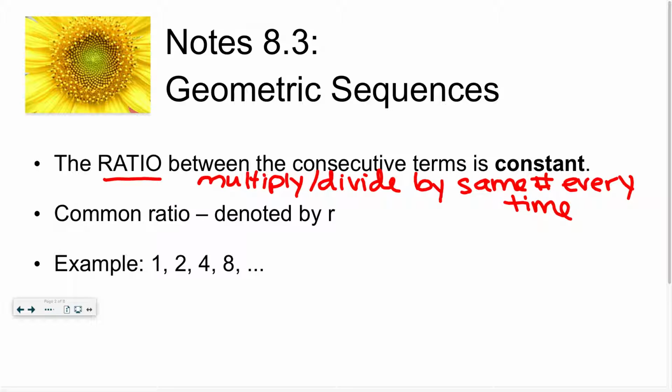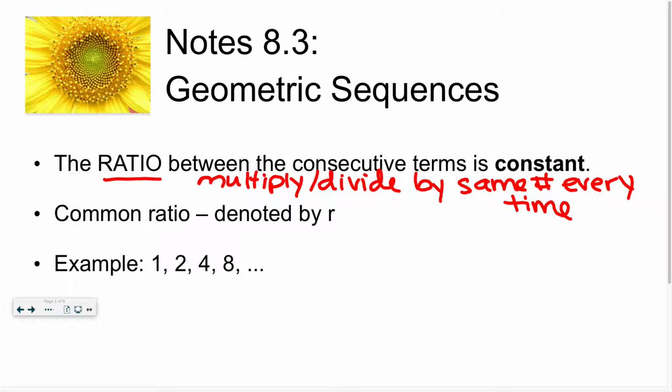If it doesn't have a common difference, then I check ratios. Am I multiplying or dividing by the same thing every time? If I am, then it is geometric. And if I'm not adding or subtracting the same thing every time, and I'm not multiplying or dividing by the same thing every time, then I just answer neither.